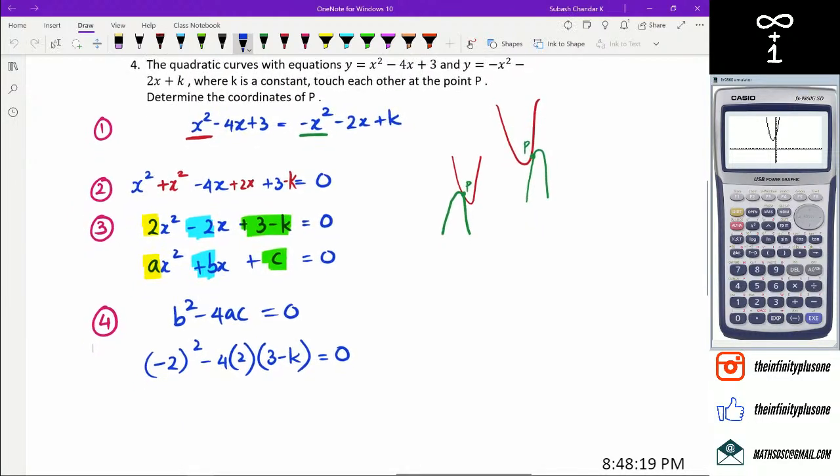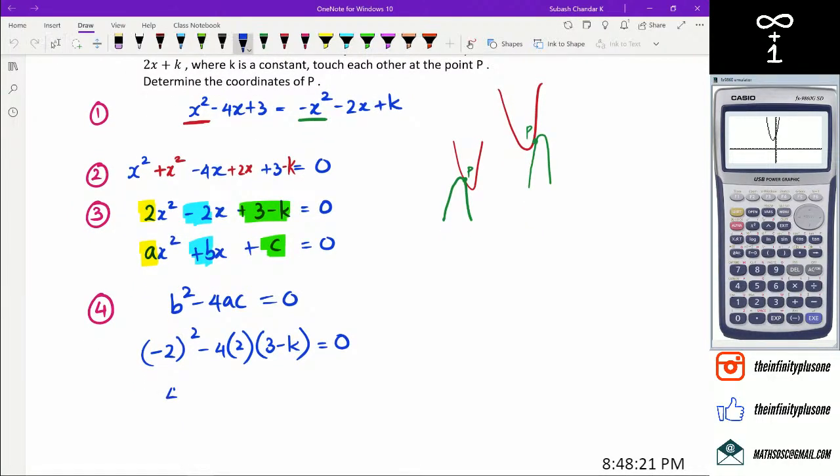Expanding this, negative 2 squared is 4, minus 8 times 3 minus k equals 0. So we have 4 minus 24 plus 8k equals 0.